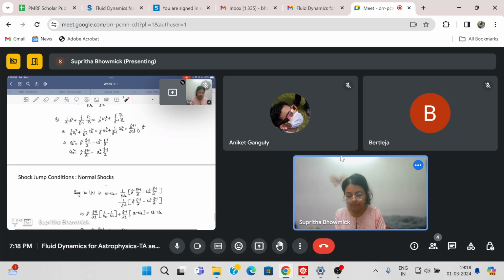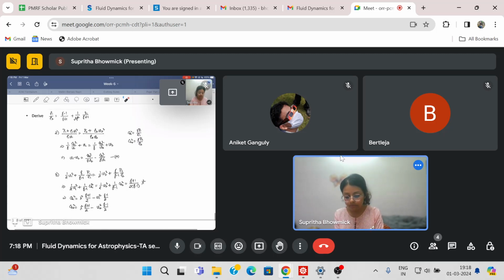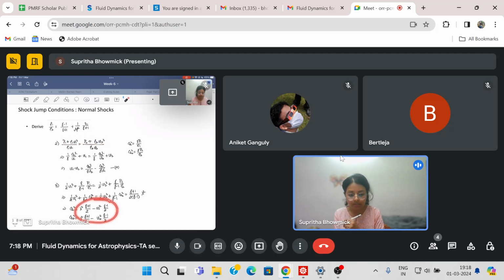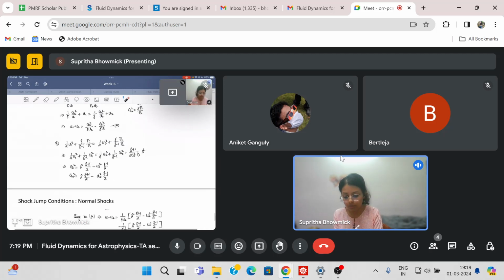Okay. Now, you have a cs2 square and cs1 square in this equation. Remember, this equation is what you derived by dividing the Euler equation with rho 1 u1, rho 2 u2. We will use this expression of cs1 square, cs2 square in this. What we will get? We will get u1 minus u2 equals to, substituting this expression, we have this.